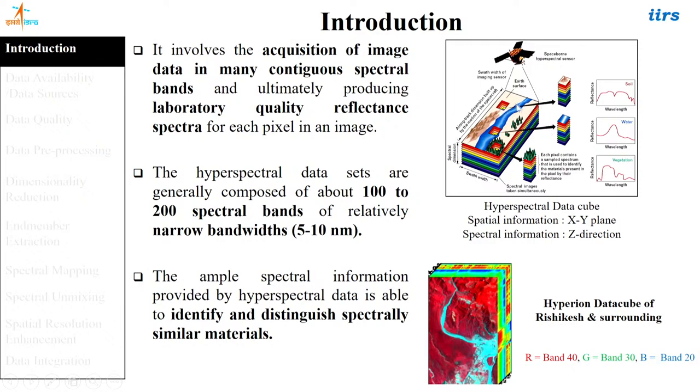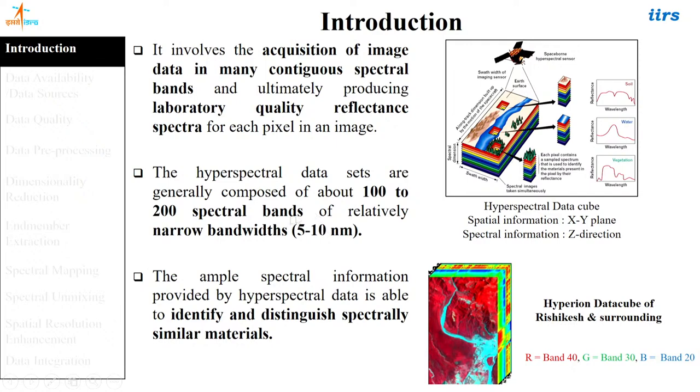For this pixel, on the x-axis is the wavelength and this is the response. This shows a reflectance spectrum similar to laboratory quality reflectance spectra once it is properly converted to surface reflectance. Because we have hundreds of bands in this data, it is also called a data cube.